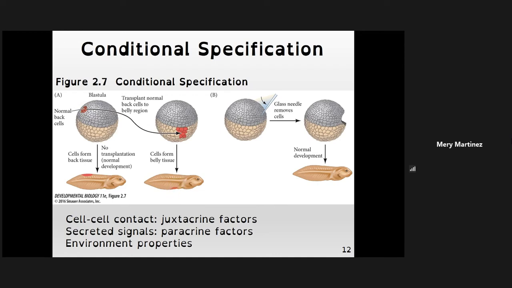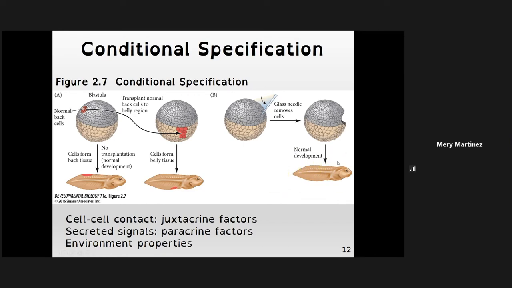So when a cell becomes dependent on the position in the embryo, its fate is determined by the interaction with the neighboring cells. That's what we see in this A section, okay? In B, what we have in here is if the cells are removed from the embryo, the remaining cells can regulate and compensate the missing part. So we took it, we didn't replace it, and we have a full embryo.